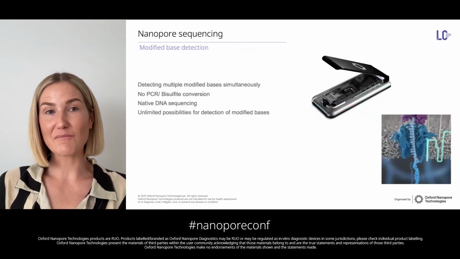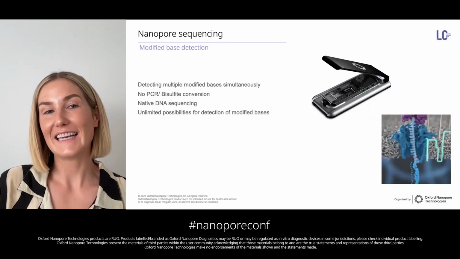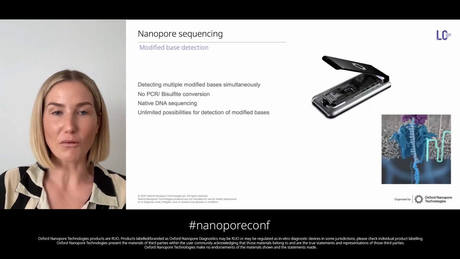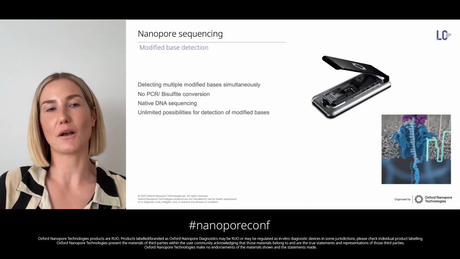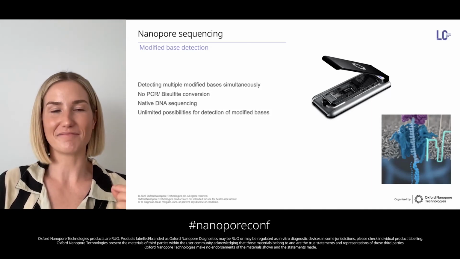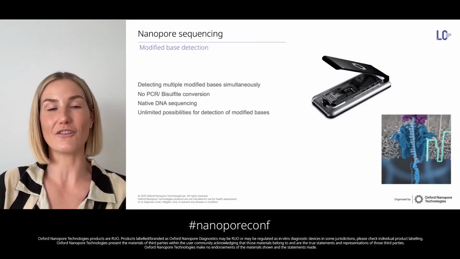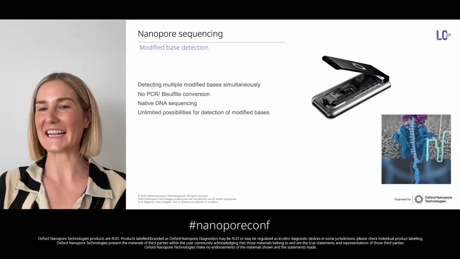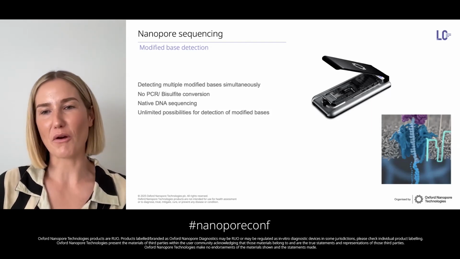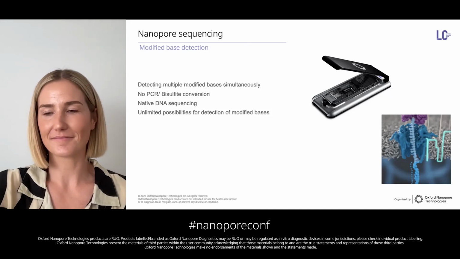That's why we became really interested in nanopore sequencing, because we could potentially detect multiple modified bases simultaneously without PCR, without bisulfite. We're characterizing DNA modifications directly on native DNA. The concept of being able to detect any base by just training new models, we thought was really exciting.